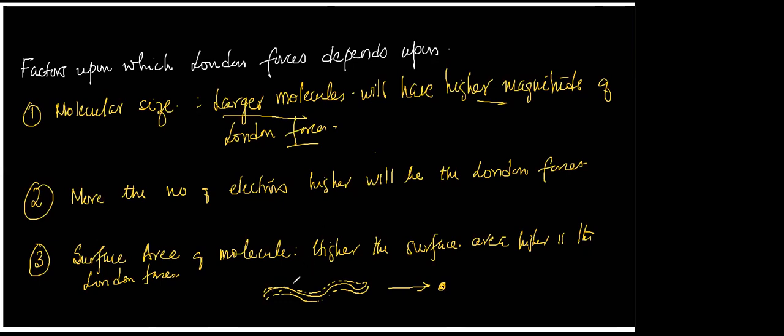Now what happens is this: if the electrons are all exposed, then when another molecule comes here, there will be interaction directly between these electrons and these electrons. But out here, all the electrons are shielded within this particular shell. So even if this other molecule comes, there will be less interaction because these electrons are inside this shell.